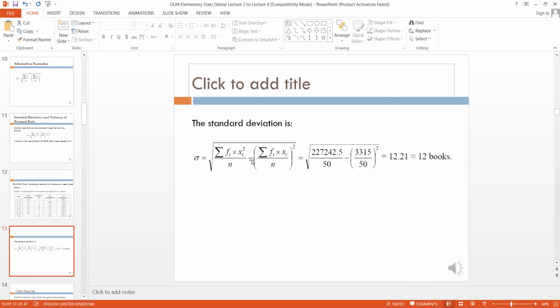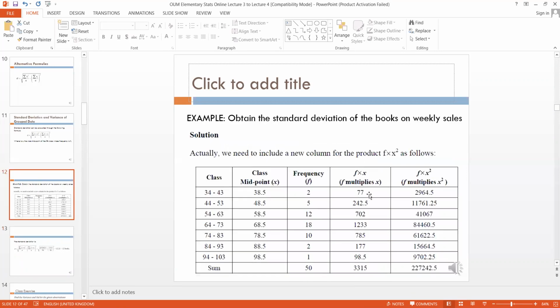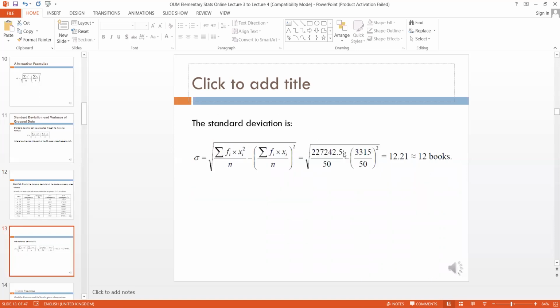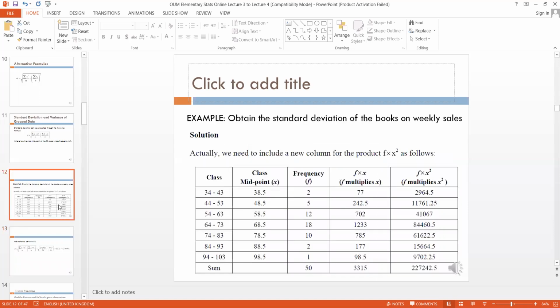When you go back a bit, you see summation fx is 3315, and summation fx squared is 227242.5. So when you come here, summation fx is what you have up here, and summation f times x squared is what you have here. Your n, as you are aware, is the total frequency, which is 50.